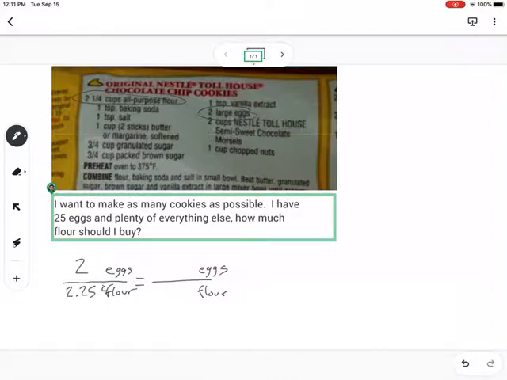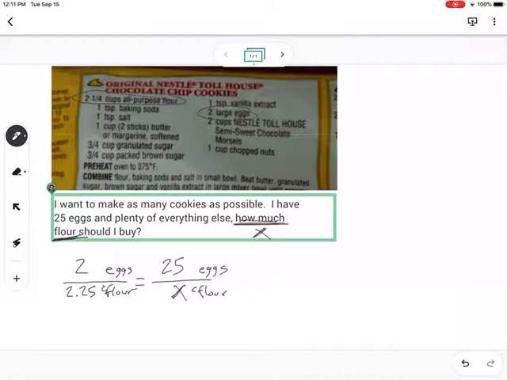All right, so then the question is, how much flour? When you see the how much and the label, that is your X. So X goes right here for cups of flour. And then I know that in this case I'm going to proportionally increase my recipe so that it's going to use 25 eggs. Okay, so that's step one.